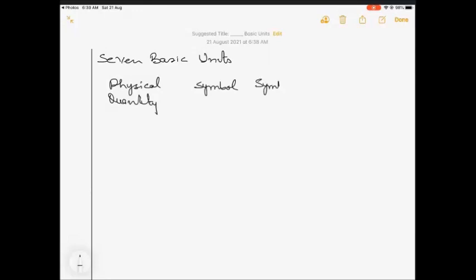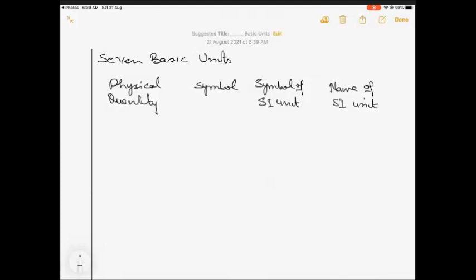As I told you, SI unit was international system. Then the name of that unit, that is very important, name of SI unit. So first physical quantity, students, there is length.